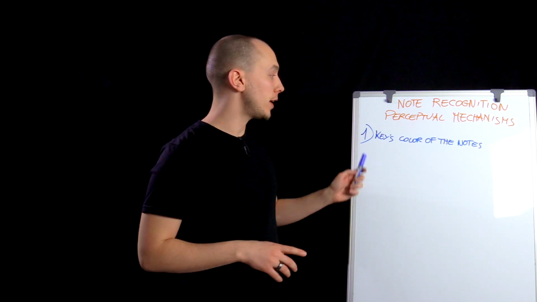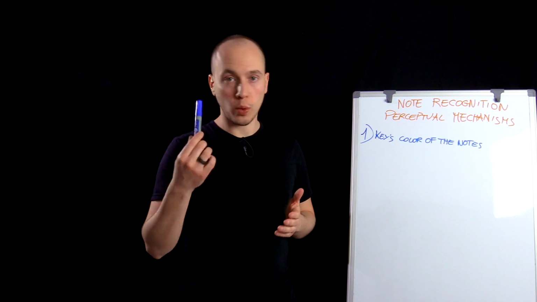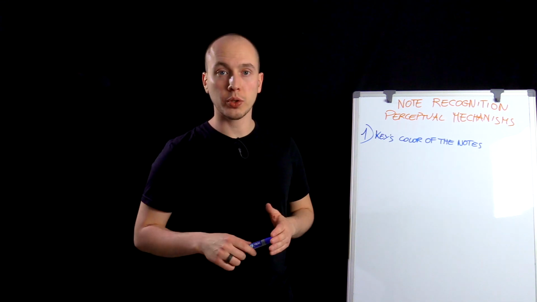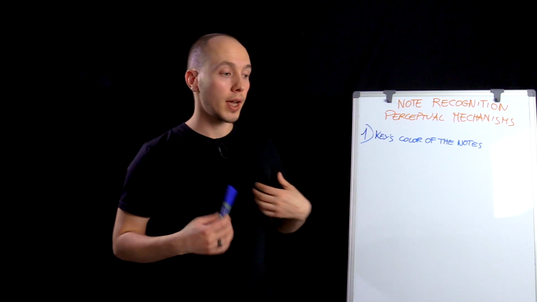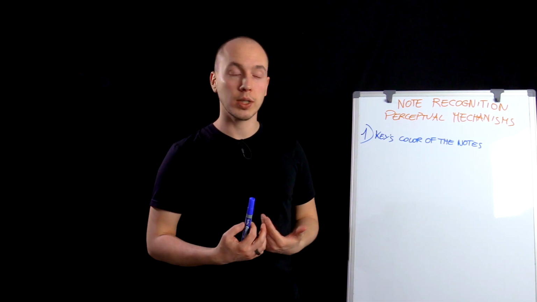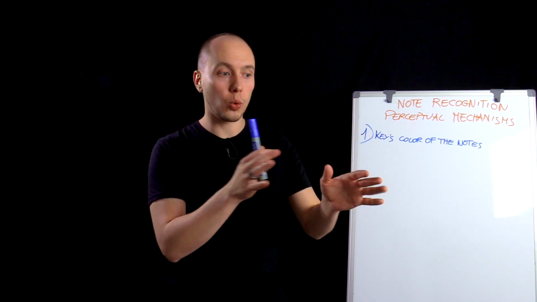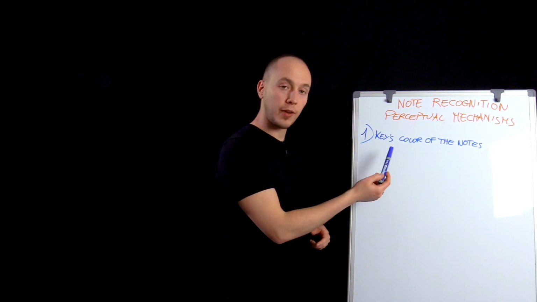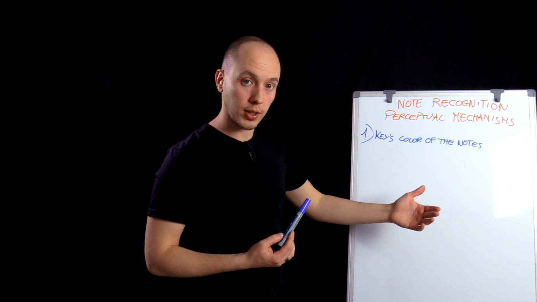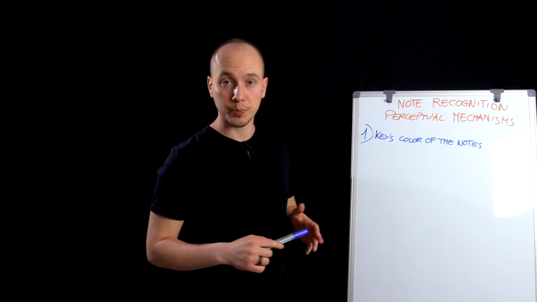This mechanism is fast, so once you are properly trained, you can be very quick at recognizing the color of the note and recognizing the sensation of the note, and once you recognize it, you already know what note it is inside the key, okay? So that's a very fast approach to recognizing notes. Of course, it requires a bit of training, okay?